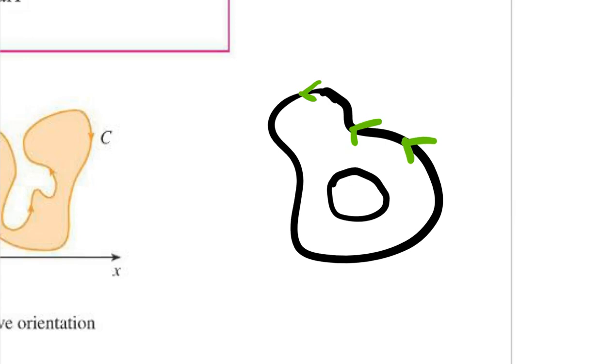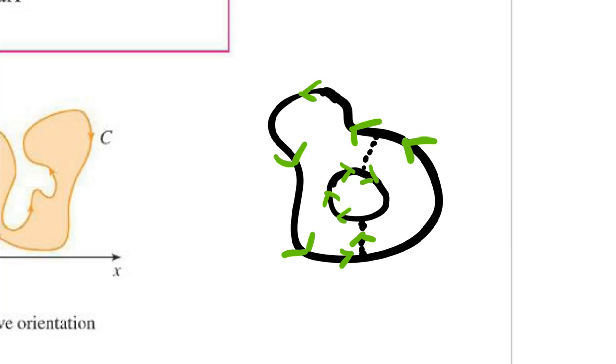In order to evaluate Green's theorem around this, we're going to cheat a little bit and create a little bridge here and here. So when you go around the region, you're going to go up this way and then this way along the inside curve here.